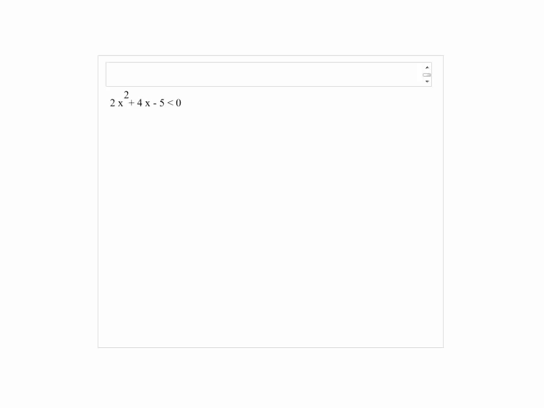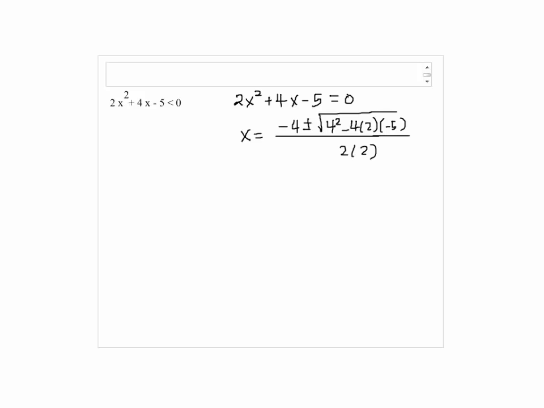So first, we're going to solve 2x squared plus 4x minus 5 equals 0 to find the boundary points. By using the quadratic formula, we have negative 4 plus or minus the square root of 4 squared minus 4 times 2 times negative 5, over 2 times 2.